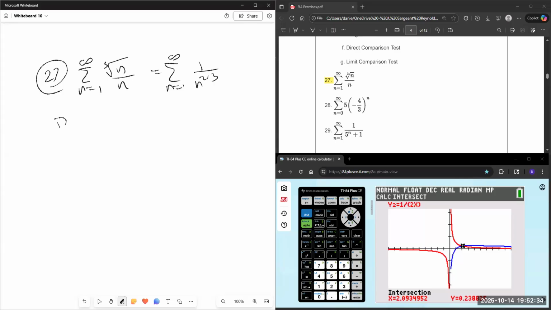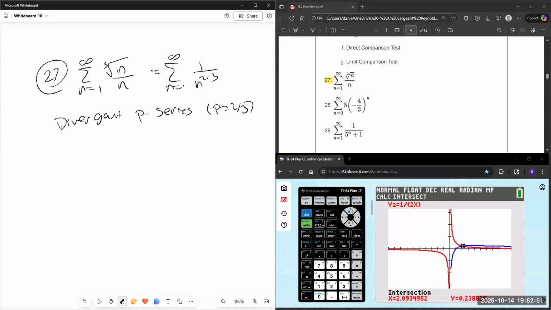This is a divergent p-series. p is equal to 2/3, which is less than 1.